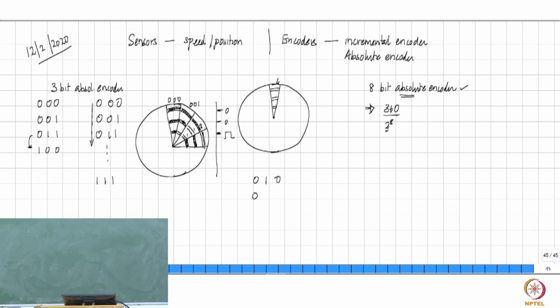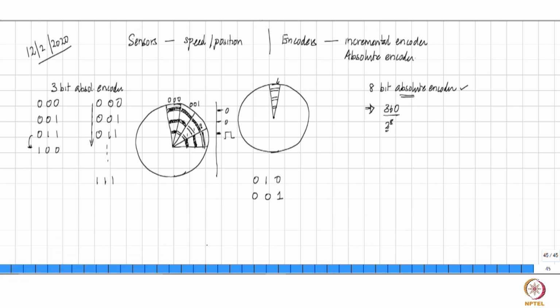So it means that the next one goes to 0, and it may go to therefore 0, 0, 1, or if the next slot also has an error, it may go to something else, right? So because of this, you do not want more than one slot to change from one sector to another.